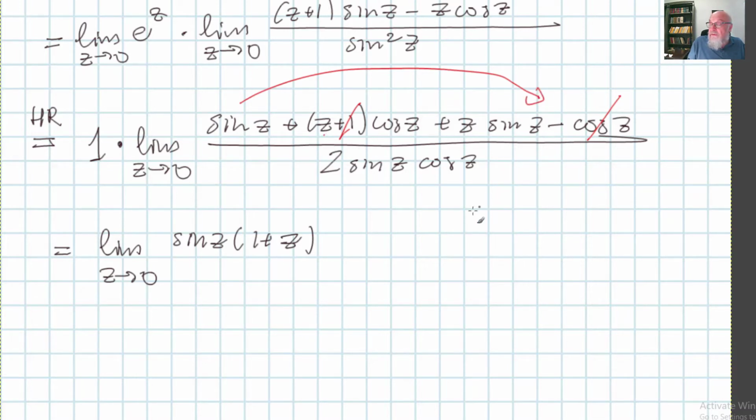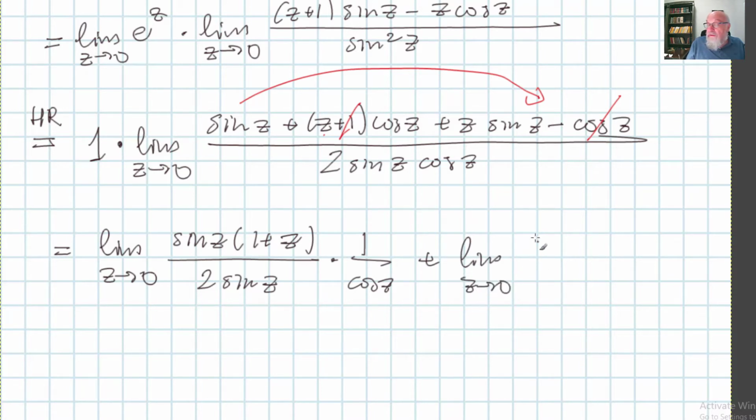So this will be 2 sine of z times 1 over cosine of z, plus another limit, z goes to 0, of 1 divided by 2 cosine z, and there was a sine, but it simplifies. Now I just compute it: this is 1, this one cancels, so I'm getting 1/2 plus 1/2 equals 1. Oh, I got it. So I can write the answer.